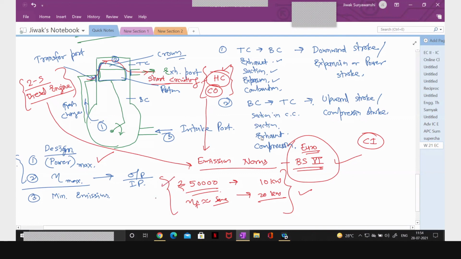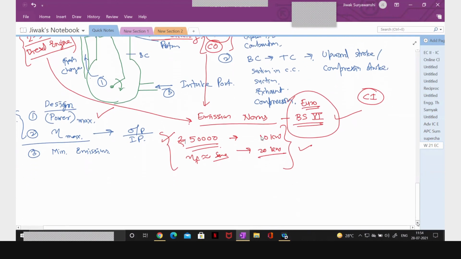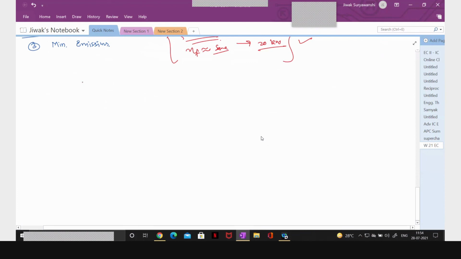So this is one way of classification, two-stroke and four-stroke. Now, as I said, there are two types of engine, that is petrol engine and another one is diesel engine. Okay.